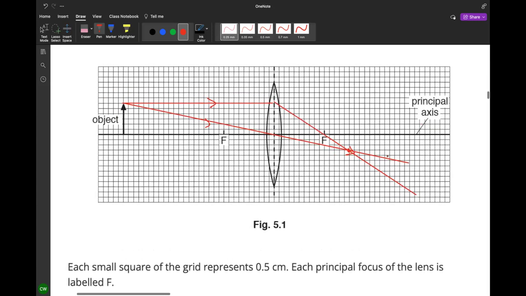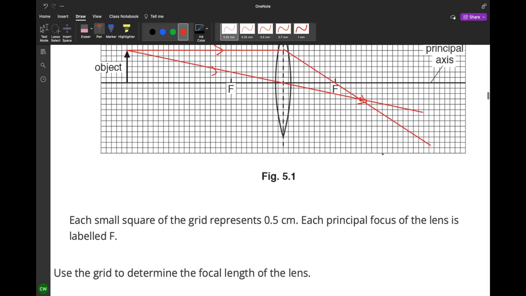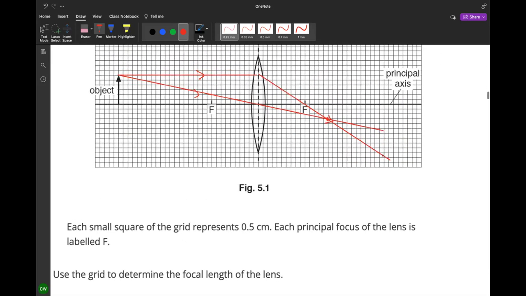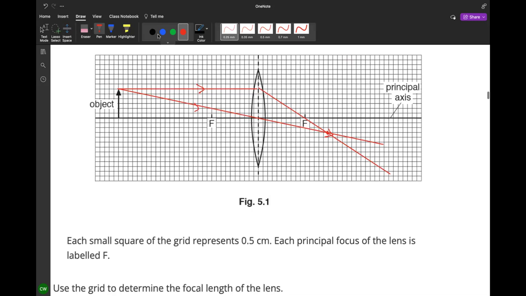So these two lines will be intersecting at this point. This will tell us the position of the image. No, the focal point is here. This is the position of the image, the image falling down. So from here you draw another arrow, and this is the image.